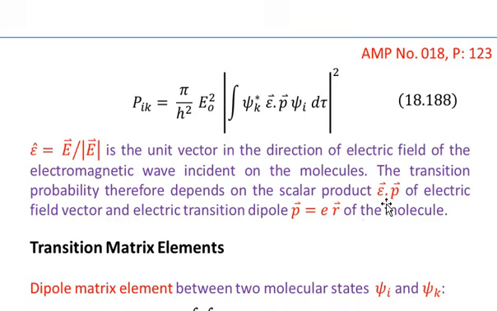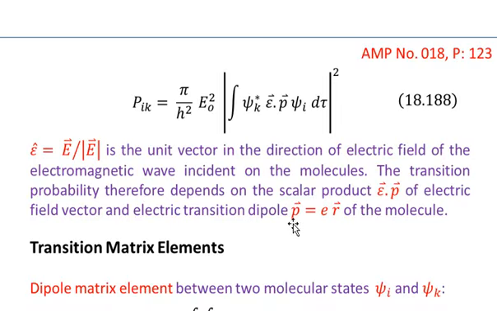I have defined small e, because small e hat is a unit vector, and now I am going to define P. Small e is the electric field vector of the incident beam, and the electric transition dipole moment is P.